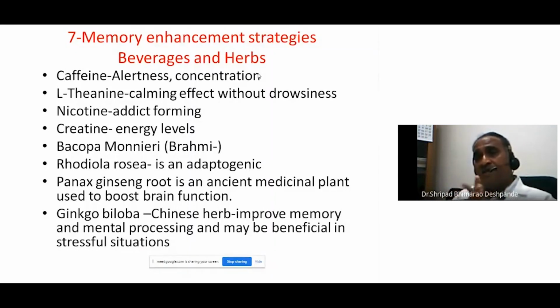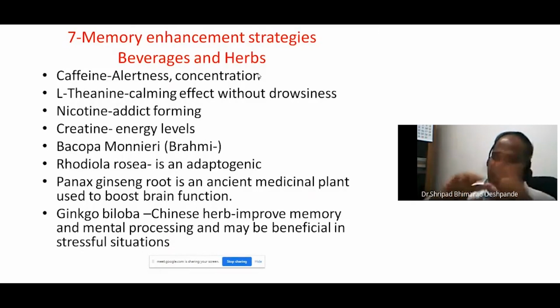Ginseng is a sort of root, and again it's a medicinal plant that is mentioned to boost the brain function, especially the memory. Now you have ginkgo biloba alkaloids. It's a Chinese herb that will improve the memory and the mental processing and may be beneficial in stressful situations.